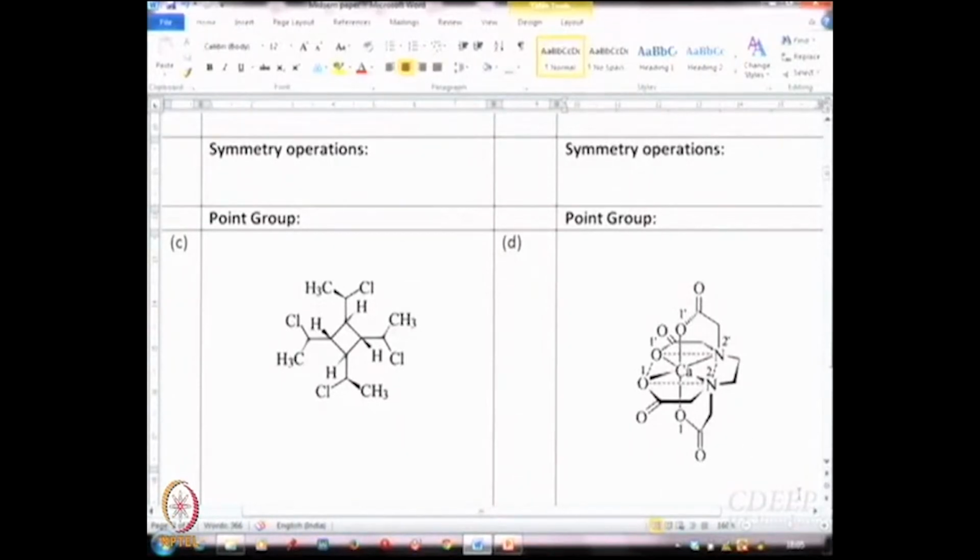Anyway, where is the C2 axis? Through calcium, of course, and bisecting the O bond and bisecting the C-C bond also. Okay, bisecting the O line. All right.